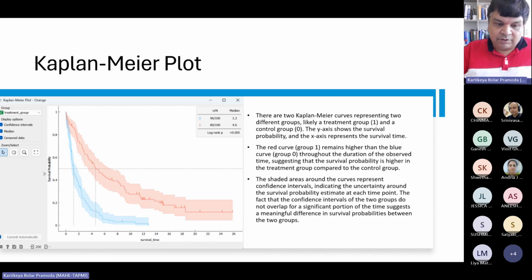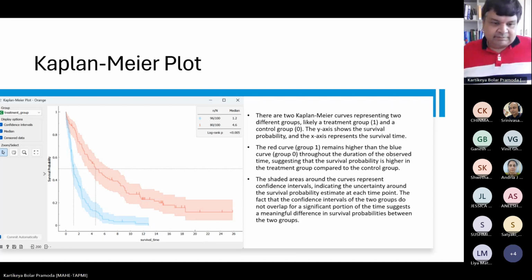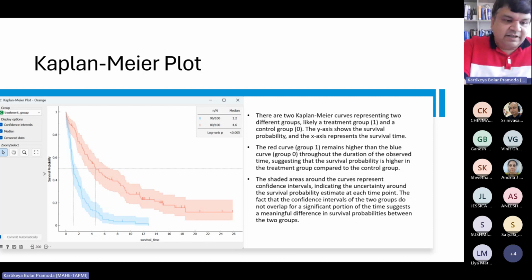Visually, this suggests that people undergoing treatment have more chances of survival.